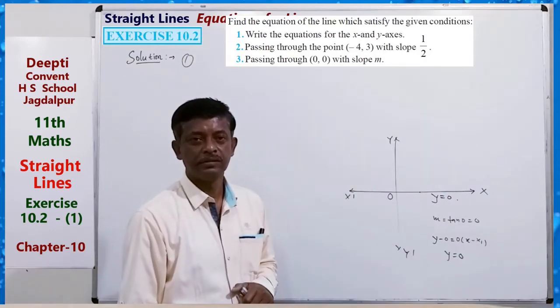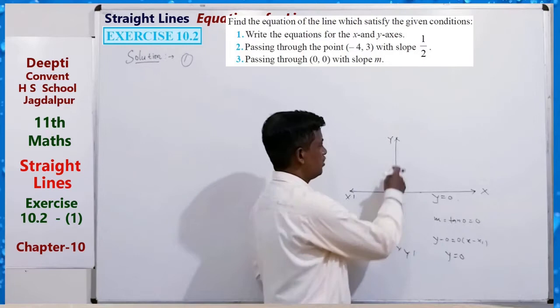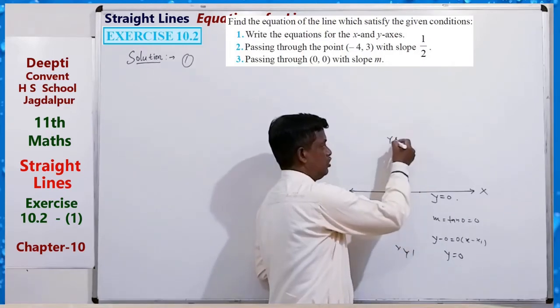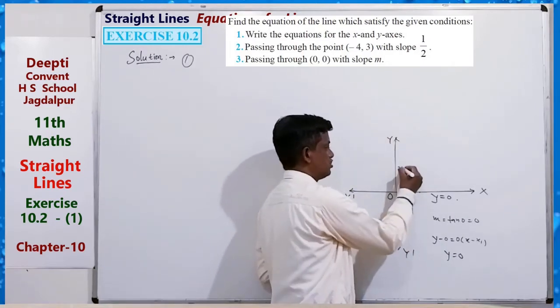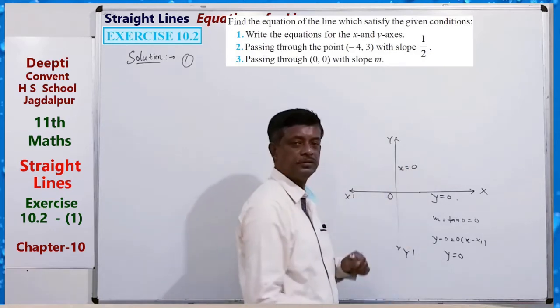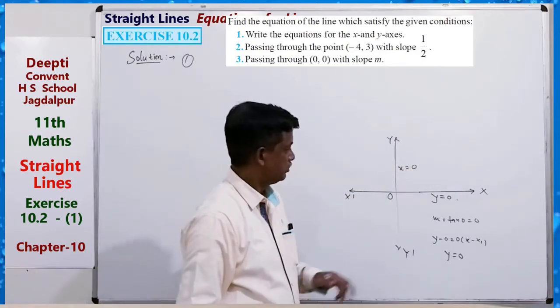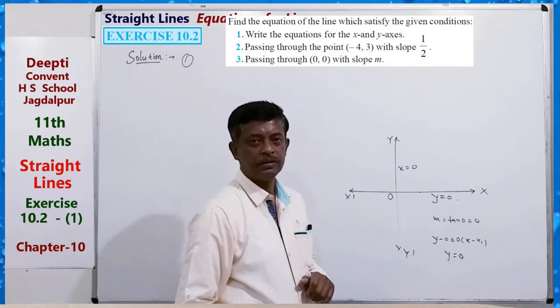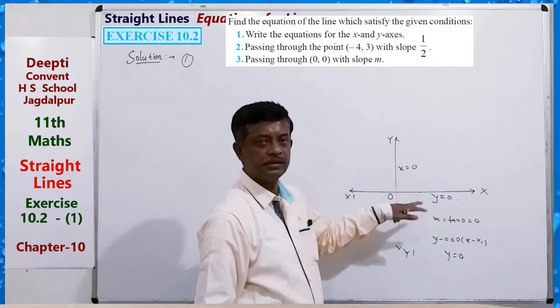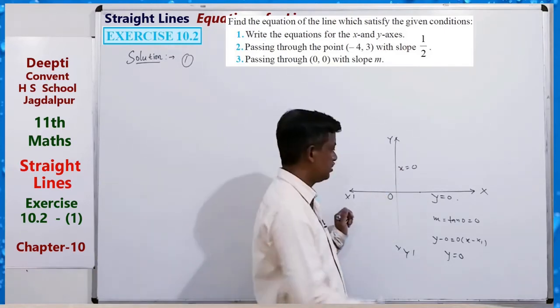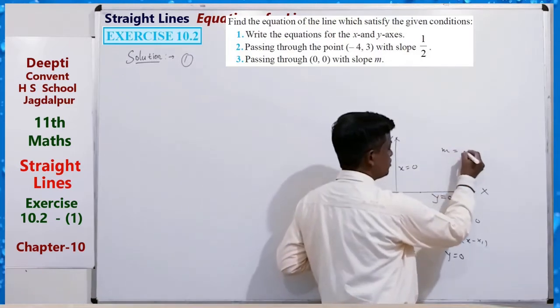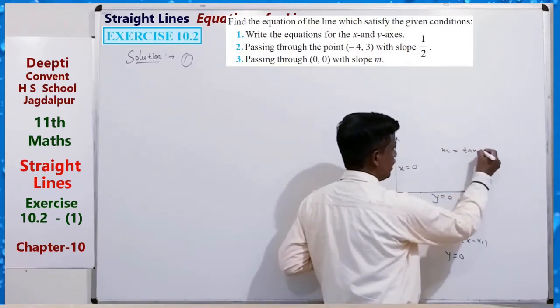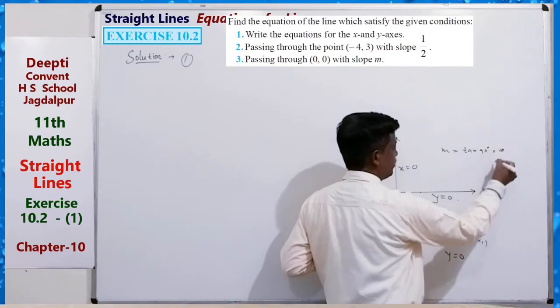Okay. Similarly, the equation of the y-axis is x equals 0. This line makes 90 degrees, so the slope is tan 90, which is infinity.